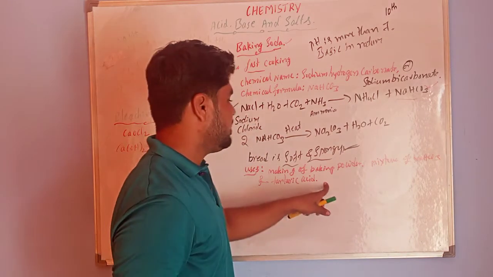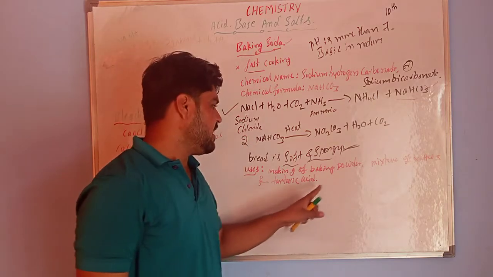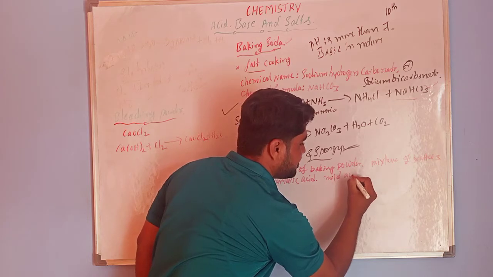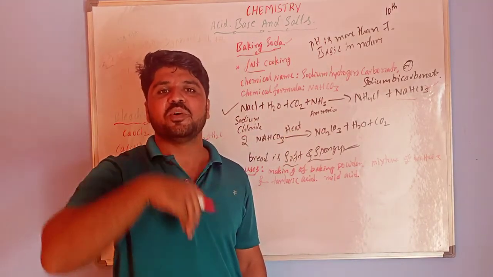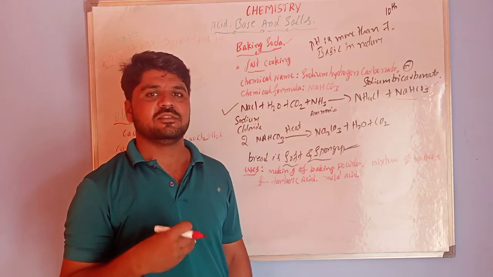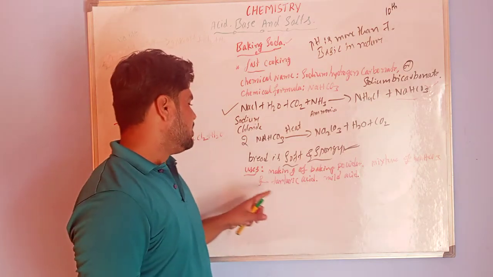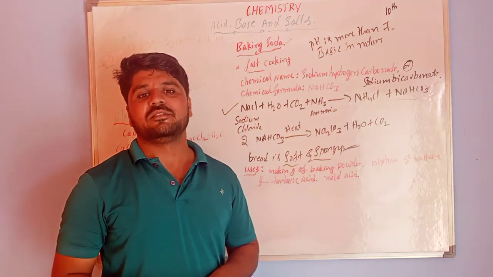This tartaric acid is obtained from the tamarind. It is a mild edible acid. Edible means consumable, or eatable. So this is the first use, making of baking powder.